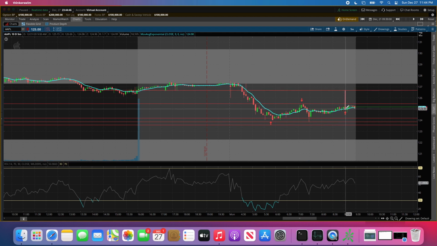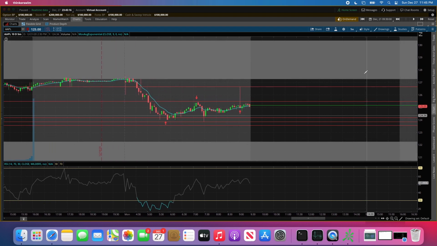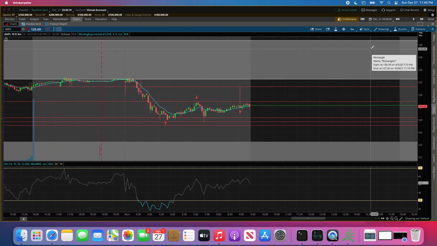But as you see, buyers tried to go ahead and push past those levels, but sellers did come in at the end and were able to overcome, and price was not able to close above this level of resistance. And that was just more confirmation as to why I chose to think that price was going to drop down.